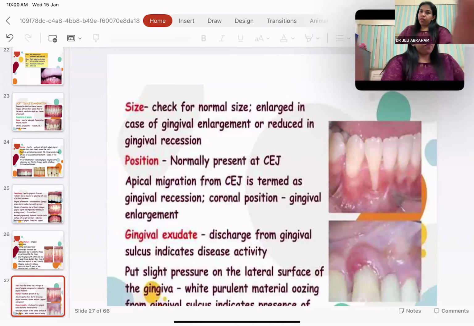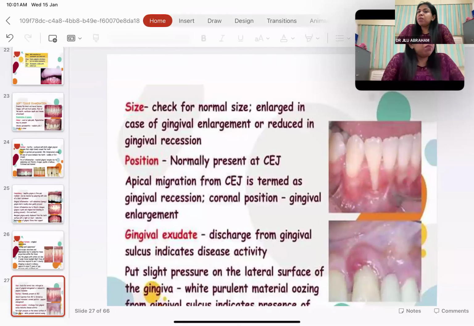And the size, we have to check whether the gingiva is normal in size. In case of inflammation, there is a chance of it being more enlarged. So we have to check all these things while taking the case history.